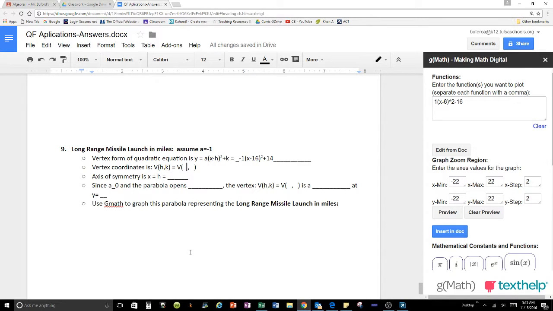Here h is 16, k is 14. h is 16, it's the axis of symmetry. A is less than 0, so the parabola opens downward.